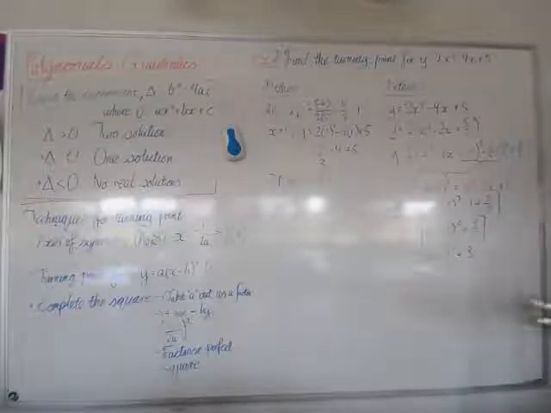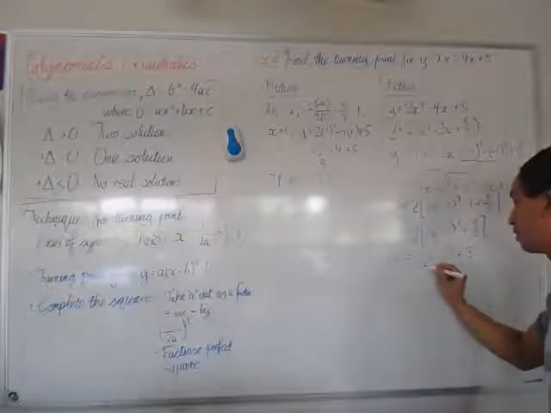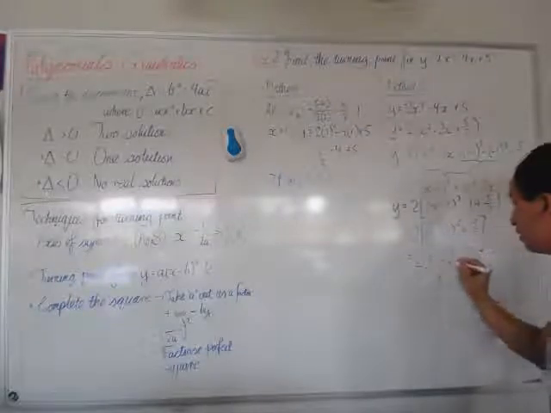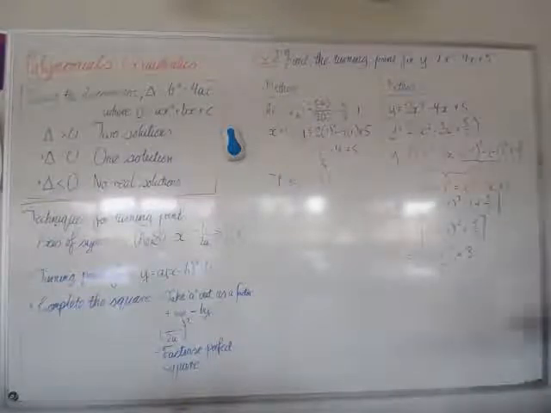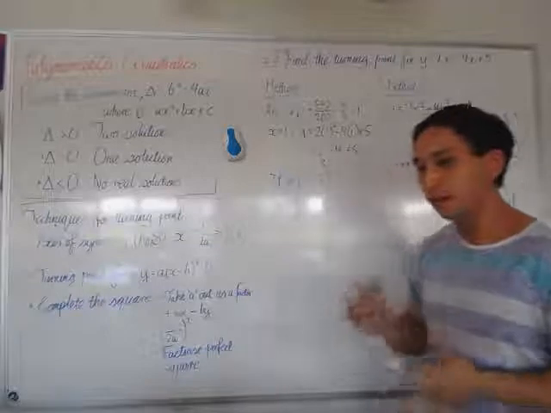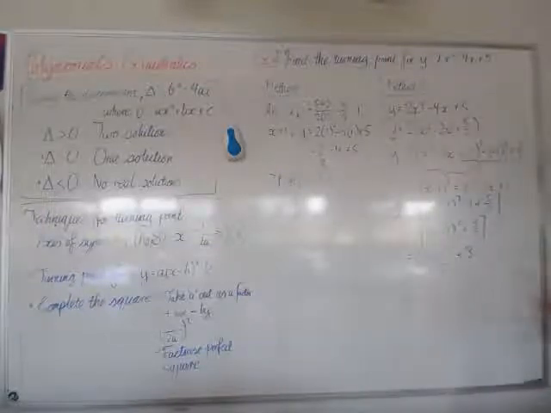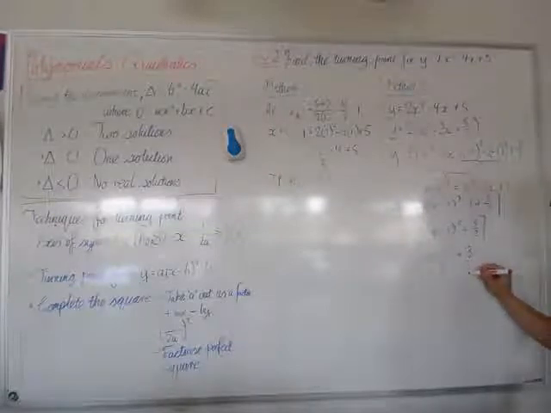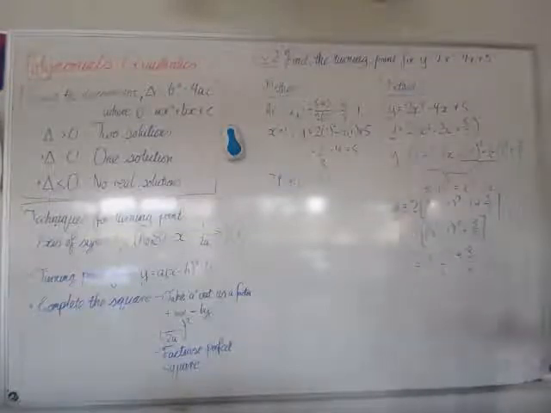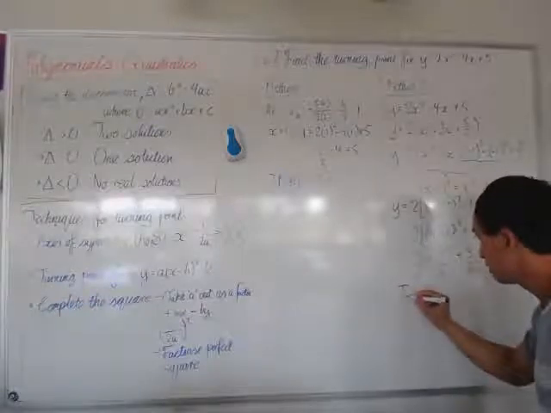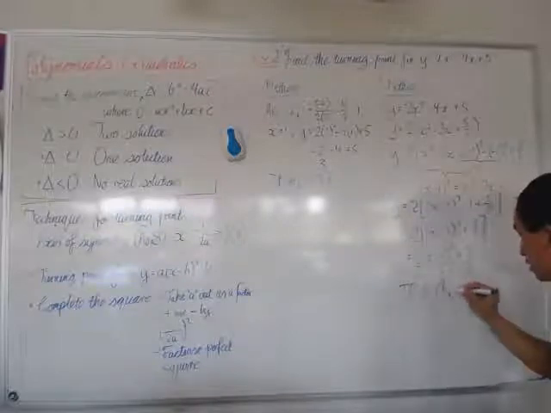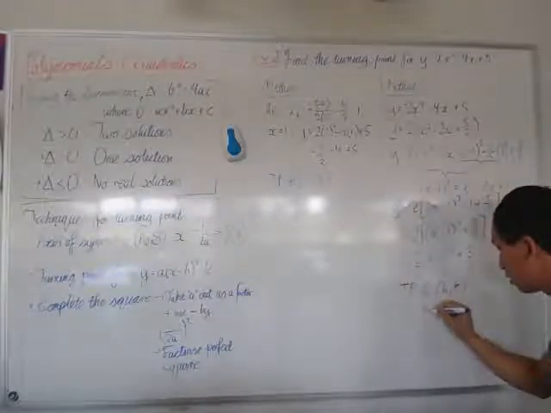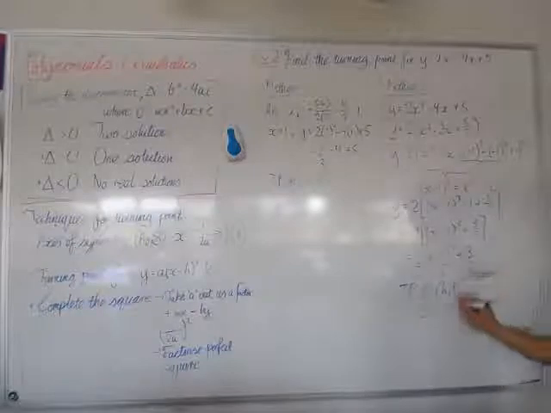This is exactly in turning point form, where this 2 is the a value, the h is just positive 1. Remember, the equation says minus h, so minus 1 means you have a positive 1 value for h, and k is a positive 3. The turning point is at h comma k, so it is at 1 comma 3.